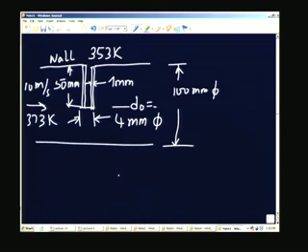So, let me just draw a simple sketch of the well slightly magnified, so that we can look at what is going to happen.